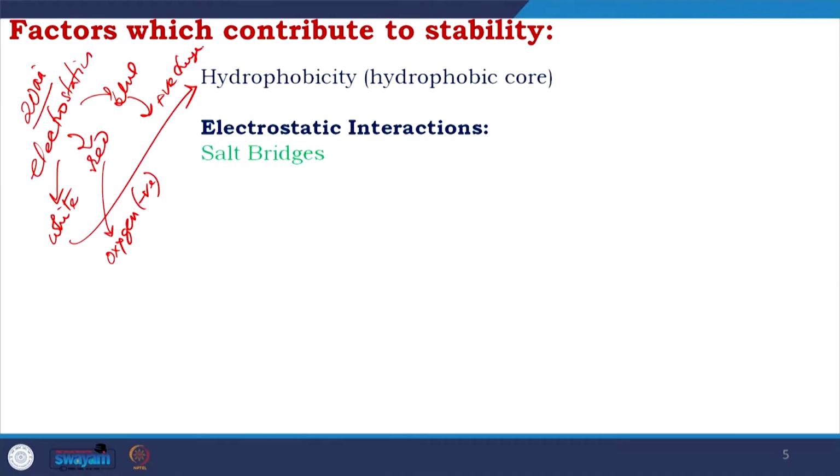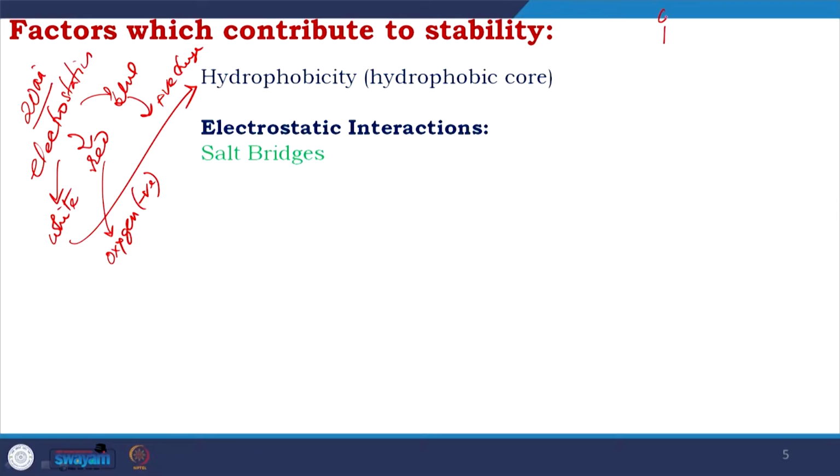One of them is salt bridge. What is a salt bridge? A salt bridge, in its stability or in its power, is in between a covalent bond and a non-covalent bond. It is much stronger than a non-covalent bond and weaker than a covalent bond.